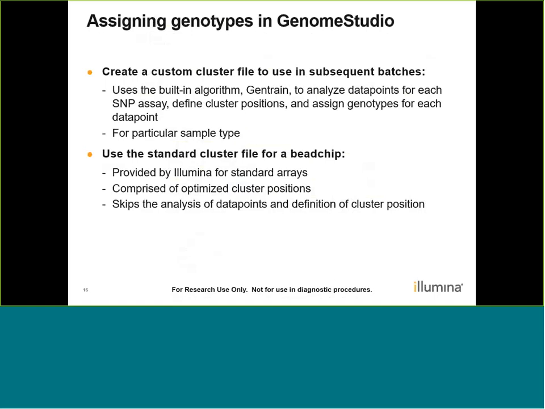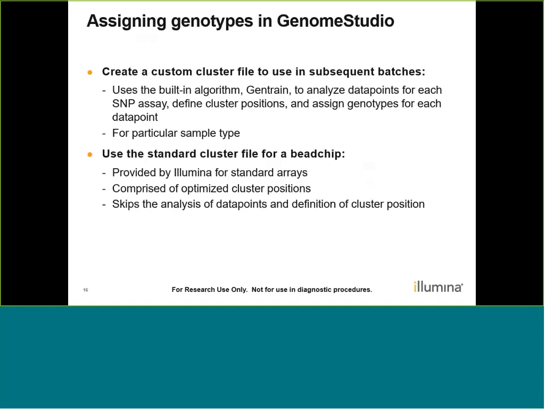And remember, these cluster files can be used for a particular sample type. They should not be used across sample types. You can also use a standard cluster file that's provided by Illumina for standard arrays. It is comprised of optimized cluster positions. That is, we evaluate thousands of samples over multiple batches, and we optimize the cluster positions, and we exclude poor-performing assays.